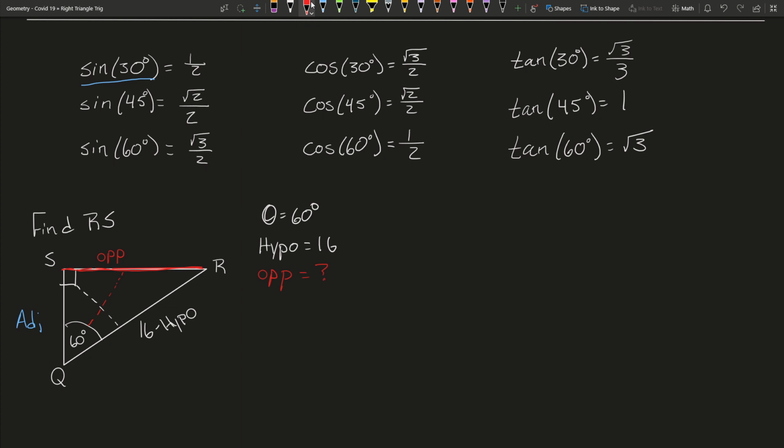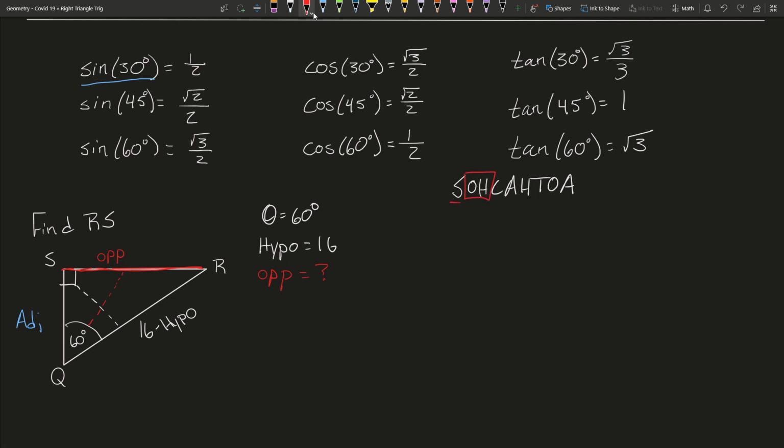So we have theta, we have hypotenuse, and we need opposite. So if we just remember what each of these trig functions actually mean, we can use it to find what we need. All right, so we need opposite given hypotenuse.